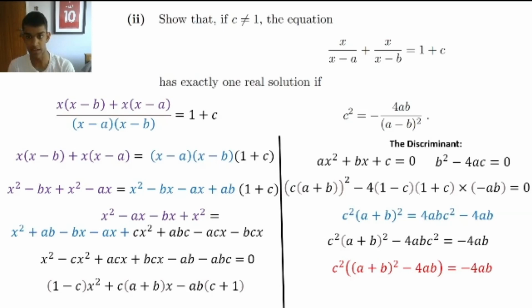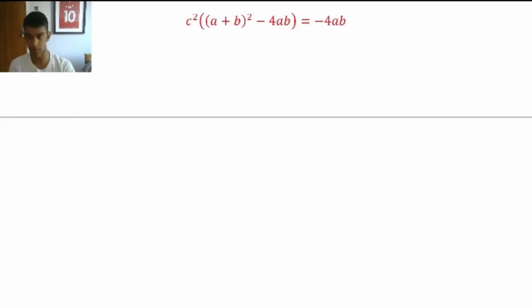When we take out a factor of c squared, we're left with this. We get a plus b squared in the brackets minus 4ab. And this is still equal to negative 4ab. Moving on now, we're going to try and expand that central bracket. We have a squared plus 2ab plus b squared minus 4ab.